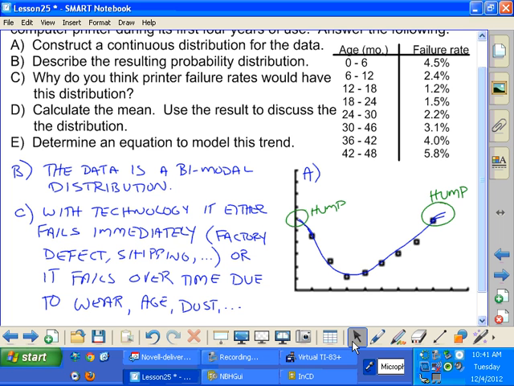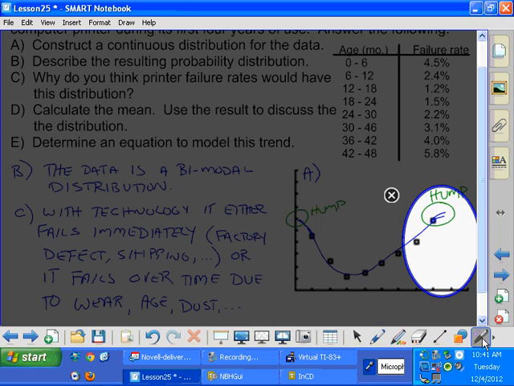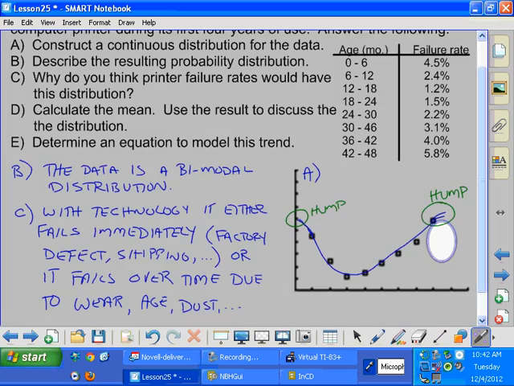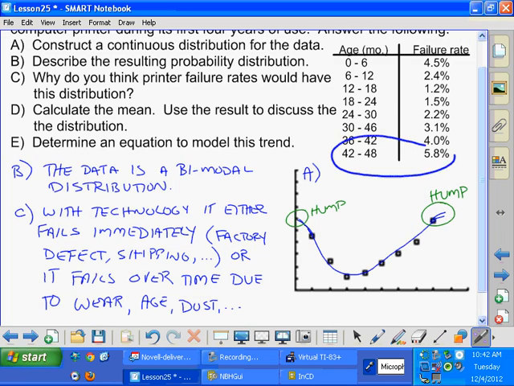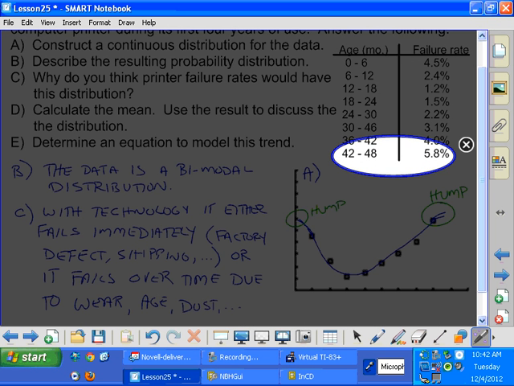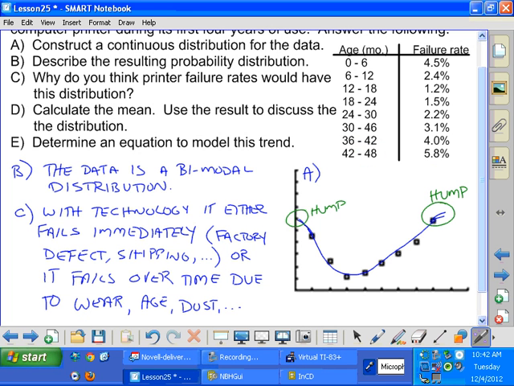So that wear and tear shows that over time we start getting a higher failure rate as we move into a longer lifespan. We see that at roughly 3 to 4 years here. That's when the failure rate really goes up for printers, which makes sense. They're only built for a certain lifespan.